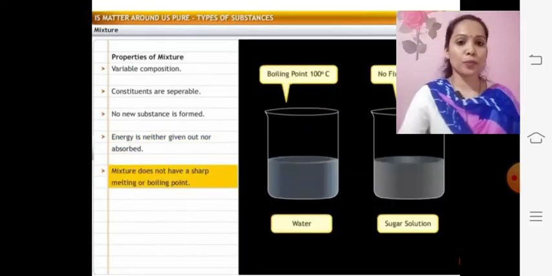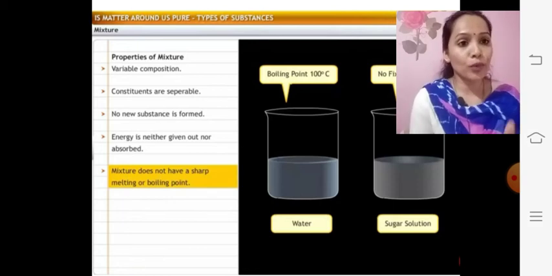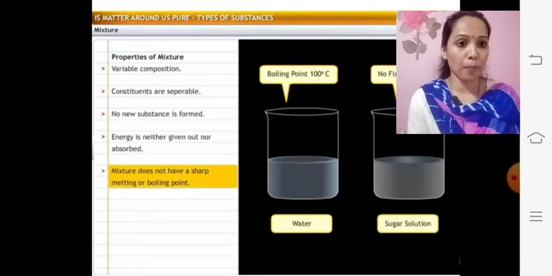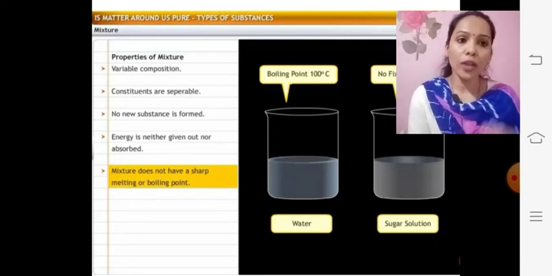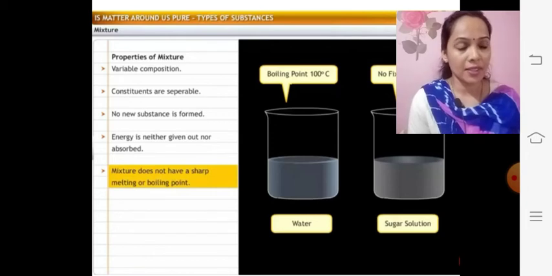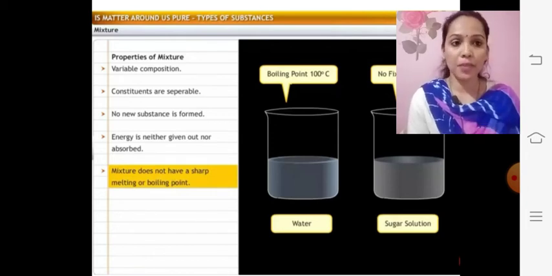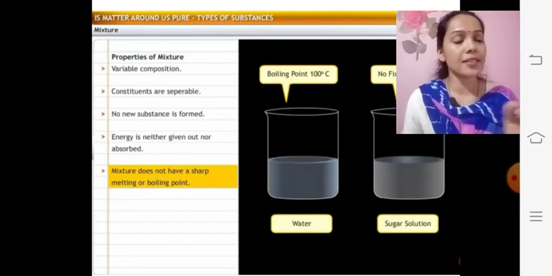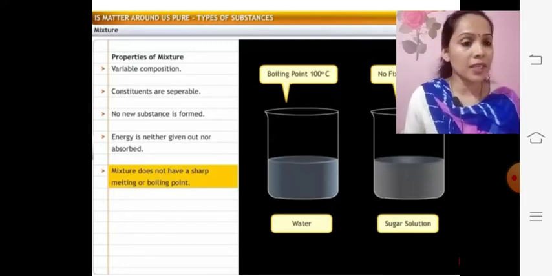And the fourth property is this. When we take a pure substance like water, which is a compound, pure distilled water, the boiling point is 100 degrees Celsius, because from the first chapter we have learned that the boiling point of distilled water is 100 degrees Celsius. In Kelvin it is 373 Kelvin.